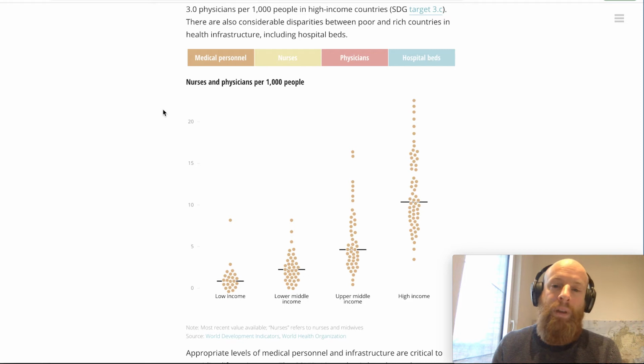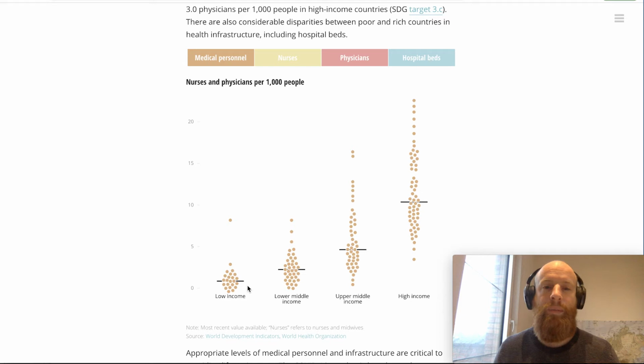So we chose this chart type, which is called a bee swarm plot, to show the distributions. We didn't want to only show the median or the average per income group. We really wanted to show that there's a big spread in these values, and that's why we chose the bee swarm plot.